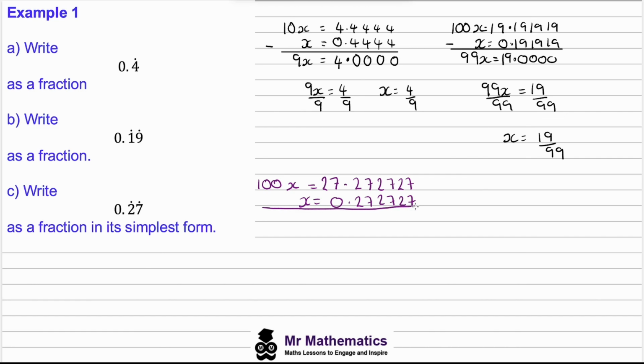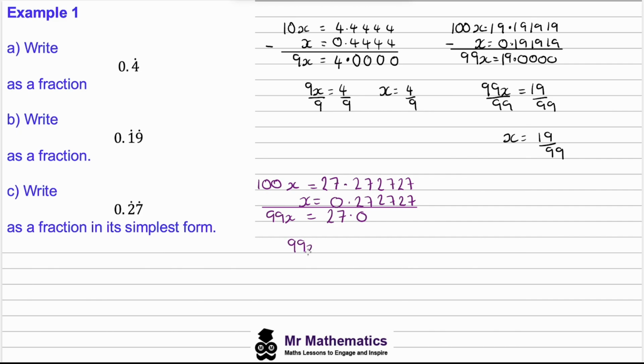And now we can find the difference between them. And this will cancel out all the recurring numbers. So we'll have 99x, 100 take away the 1x. The recurring numbers will cancel to make 0. And 7 take away 0 is 7, and 2 take away 0 is 2.